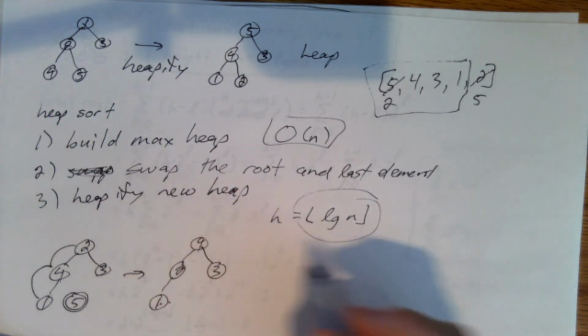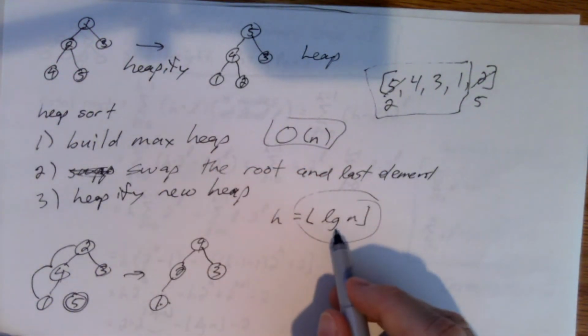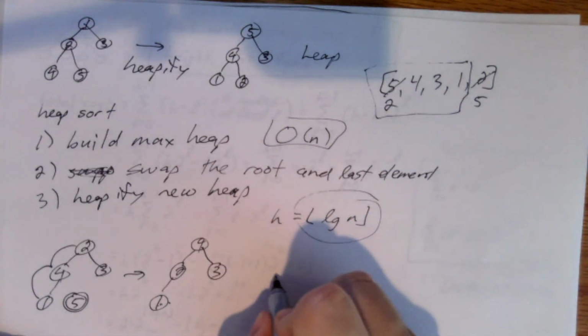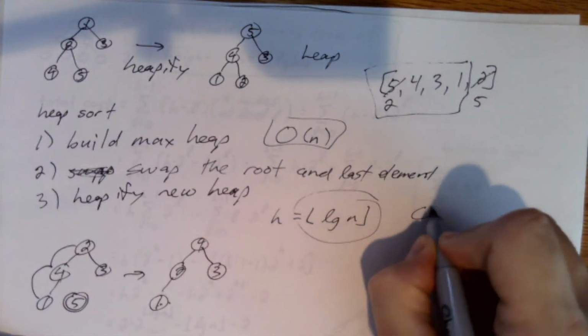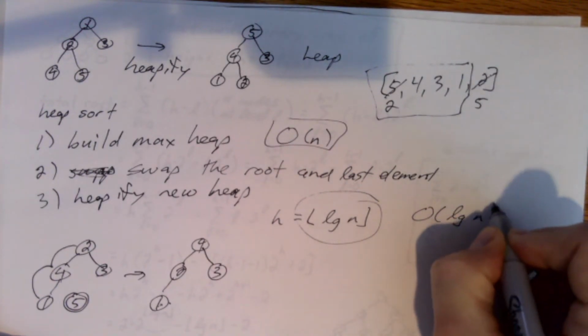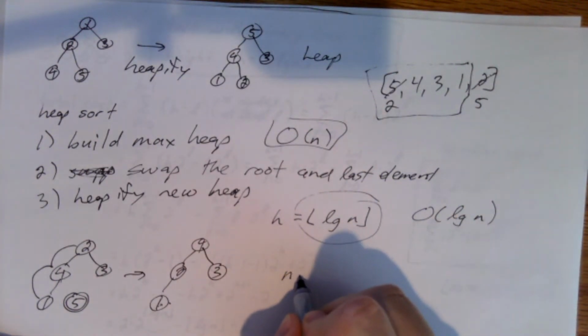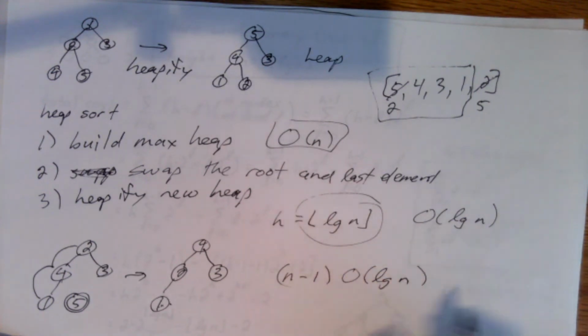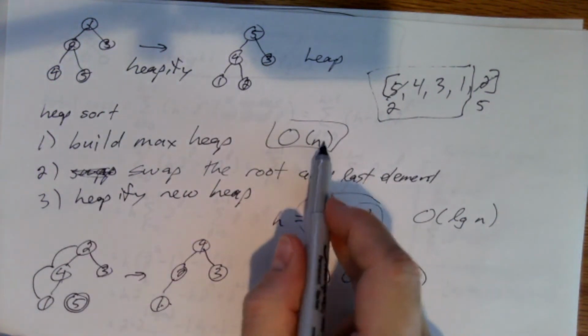So the cost of heapifying for each node is bounded by this, which is big O of log n, and we do that n minus 1 times.